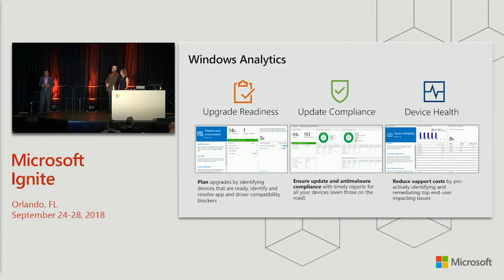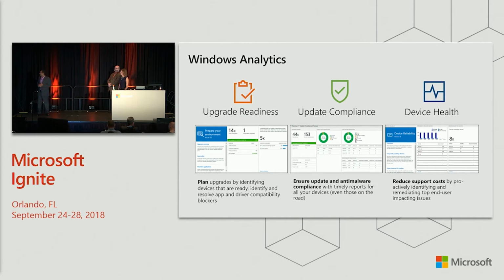Windows Analytics at its core, folks, is a solution set, which primarily comprises 3 different solutions: upgrade readiness, update compliance, and device health. Upgrade readiness is the only solution in this set which works with Windows 7 and Windows 8.1.